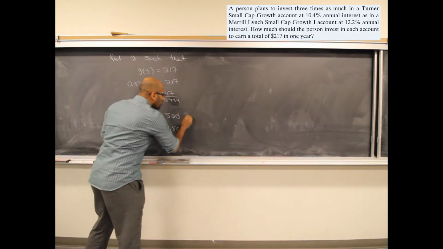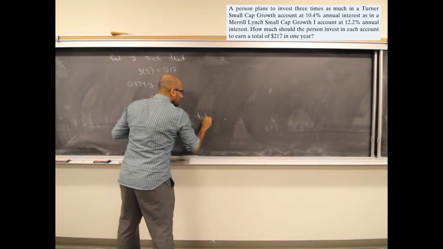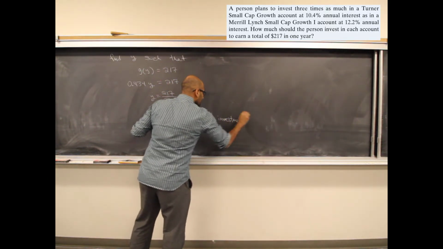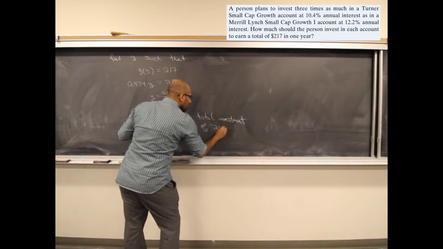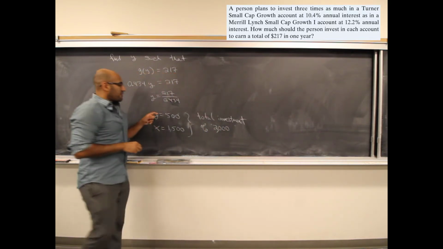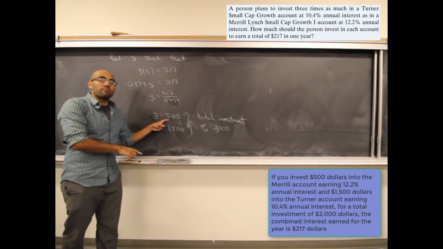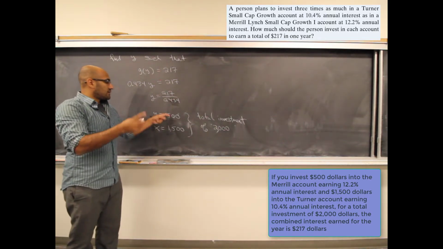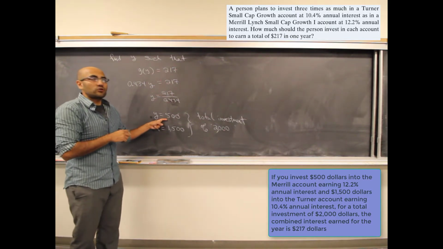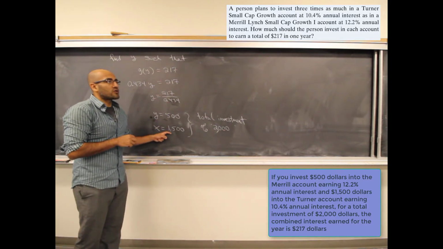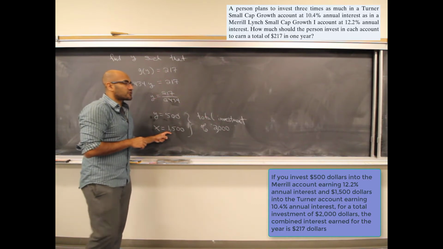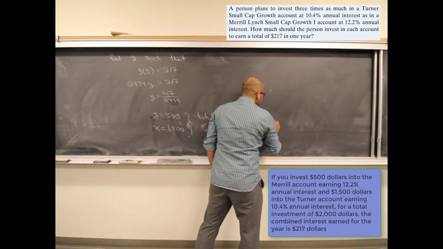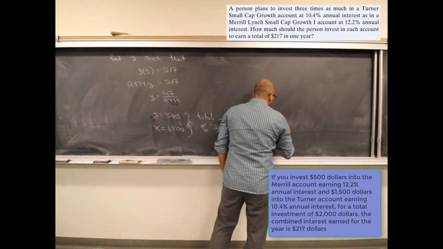So this would be a total investment of $2,000, where 500 is invested into the Merrill account and 1,500 is invested into the Turner account. The Merrill account earning 12.2% interest, the Turner account earning 10.4% interest, and if you set that up, that will result in $217 in interest.